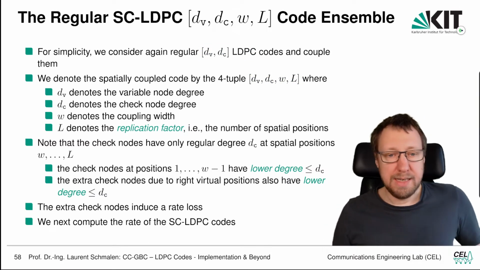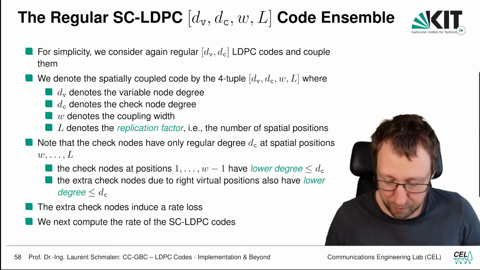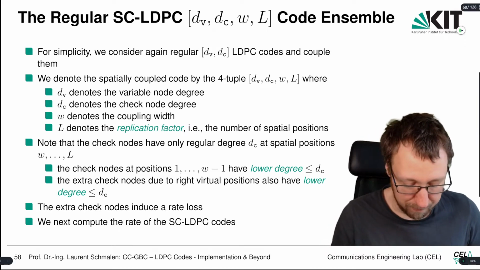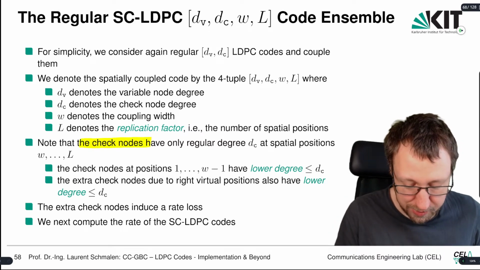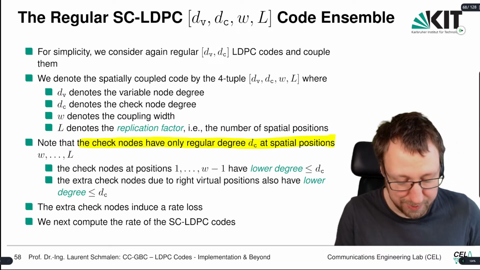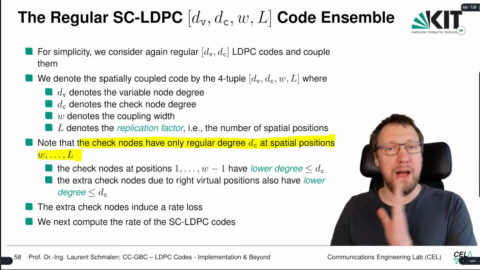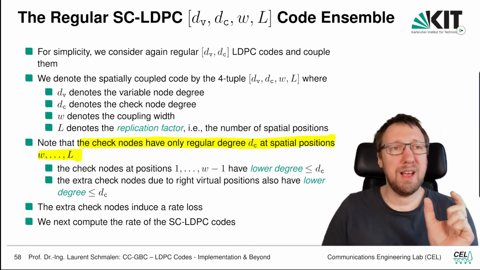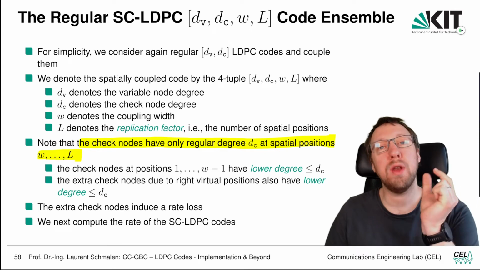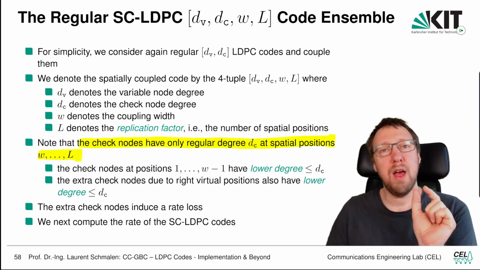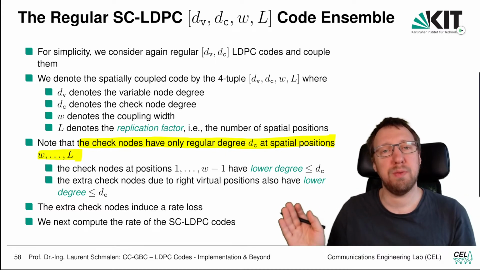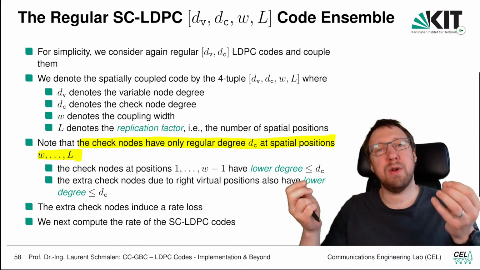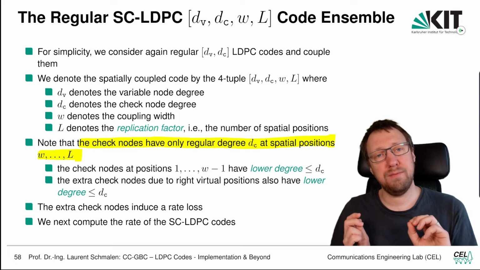So the check nodes only have regular degree at, let me mark this because it's important, the check nodes only have a regular degree at spatial positions W to L. In the first W-1 spatial positions, we don't have a regular degree because we had some edges to the virtual position, to the leftmost virtual positions. And these will be removed by the construction.